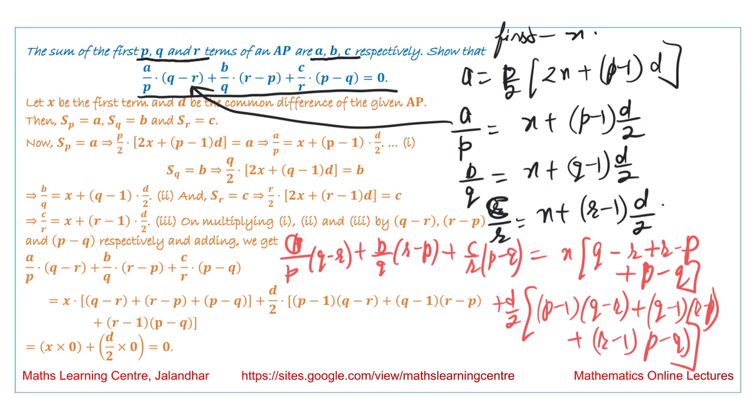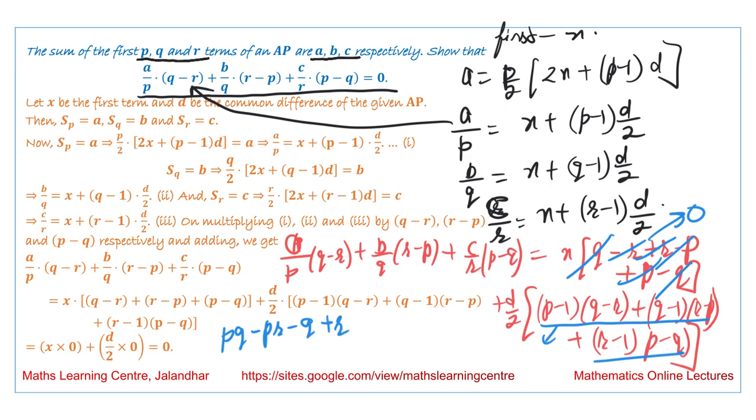Now clearly q gets cancelled, p gets cancelled, r gets cancelled, this term will become 0. If we look at the term over here, what we will have is pq minus pr minus q plus r.